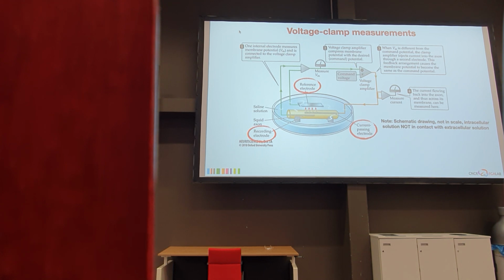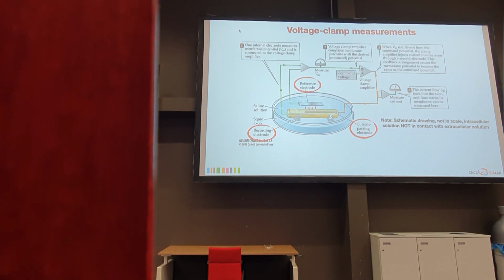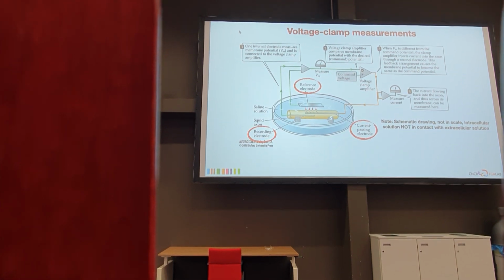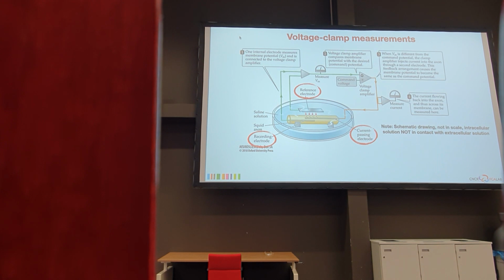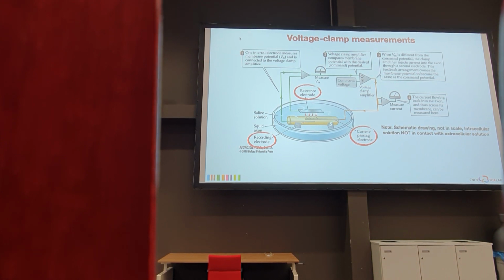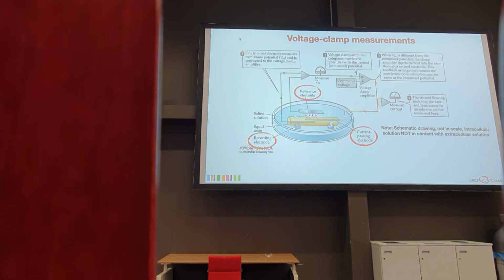That way they could change the ion concentrations to whatever they wanted. And then they could stick in electrodes, one to stimulate the system, to provide currents into the system, and the other to record the potential. And this is always with reference to a reference electrode in the bath, because a potential is always a potential difference, okay? Measuring inside from outside.